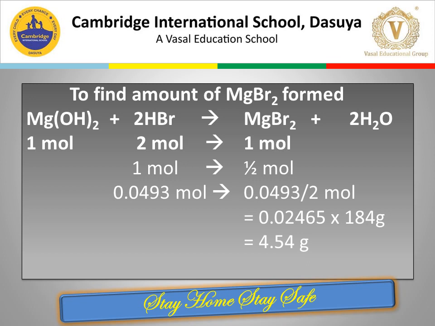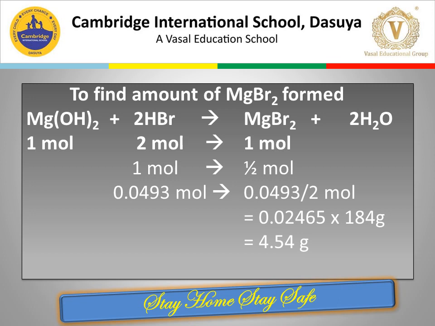Now, in order to find the amount of magnesium bromide, we have to find out the relationship between hydrogen bromide and magnesium bromide. Since HBr is the limiting reagent, that will decide the amount of magnesium bromide which is formed. And from this balanced equation, we have 2 moles of HBr reacting to give 1 mole of magnesium bromide.